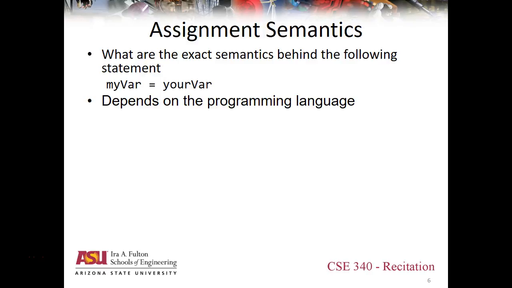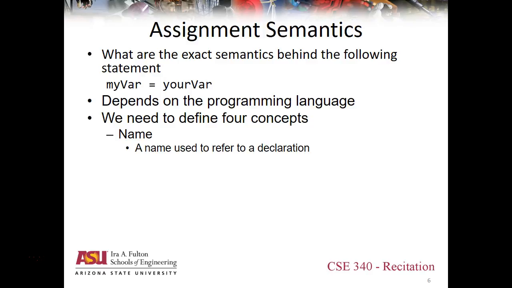But for a precise definition, it does depend on the programming language. And when you're defining a language, there are 4 different concepts that you look at when considering what is a variable and how do we use it. You have the name, which is basically just your declaration of it or what you call the variable.